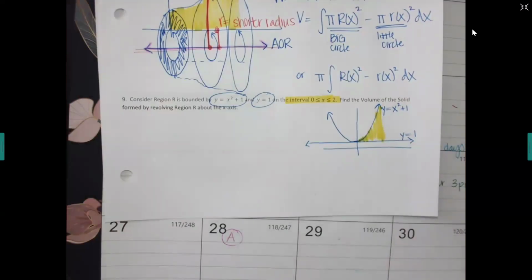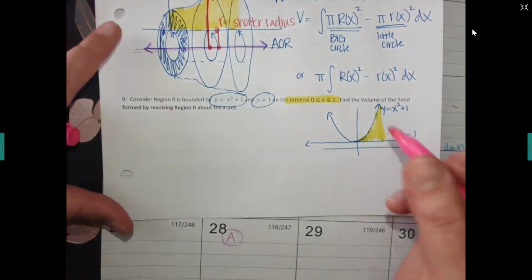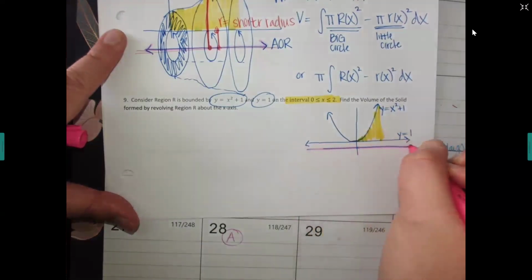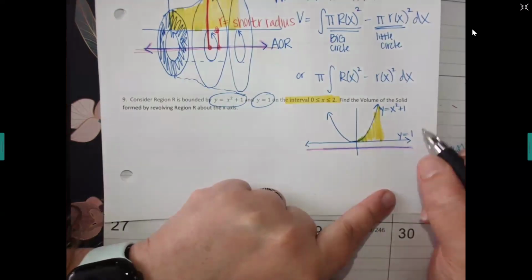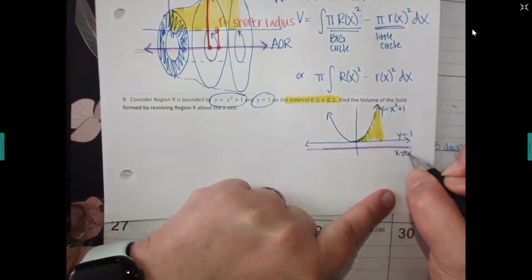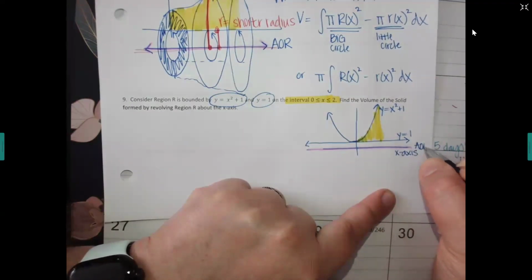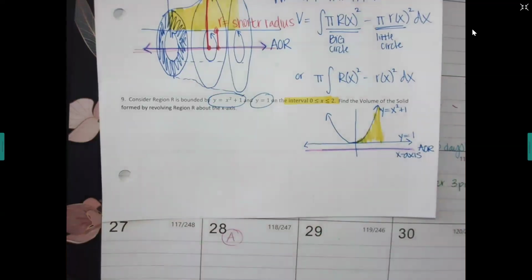Then it says, find the volume of the solid formed by revolving around the x-axis. So the x-axis is right here. The pink line is the x-axis. That's my center of rotation. So here's the question you have to ask yourself. If this is the axis of rotation, do I have a gap or no gap?